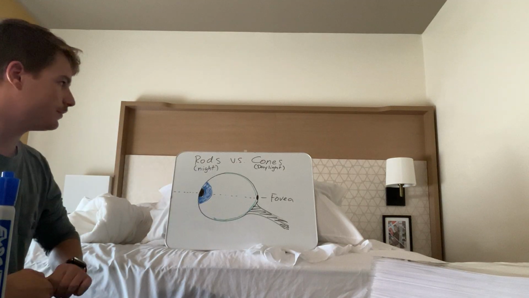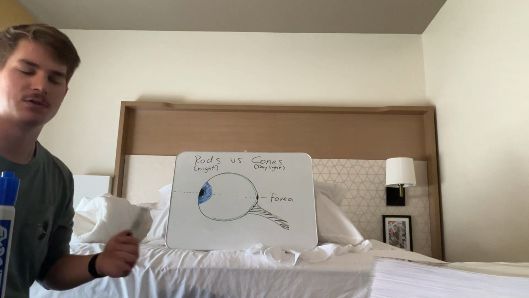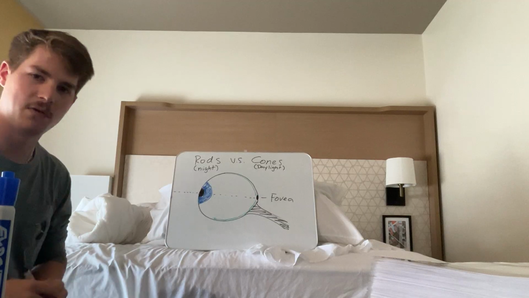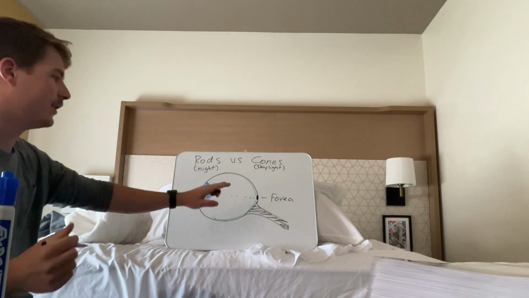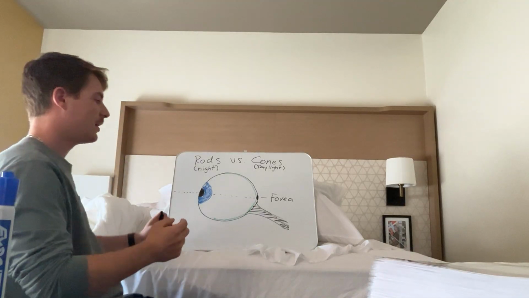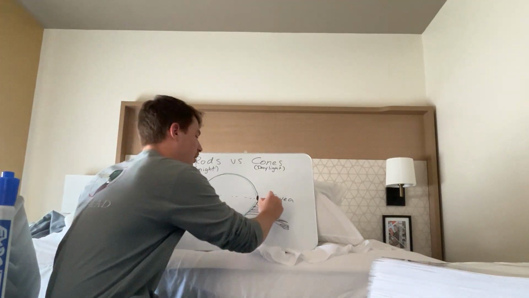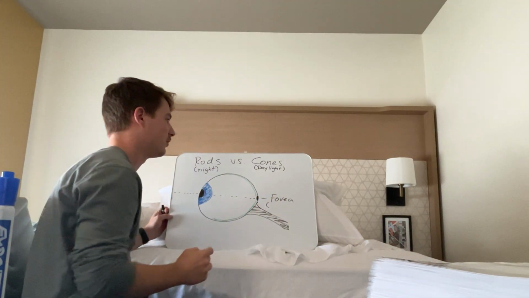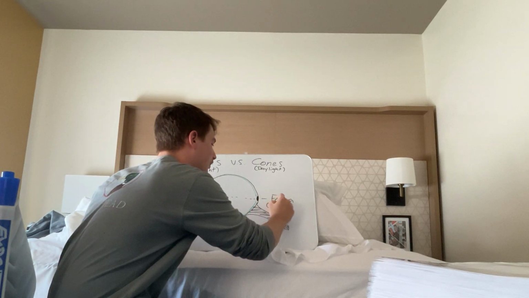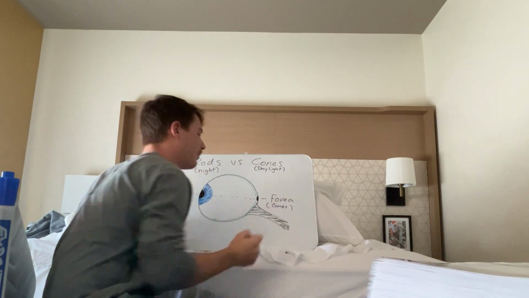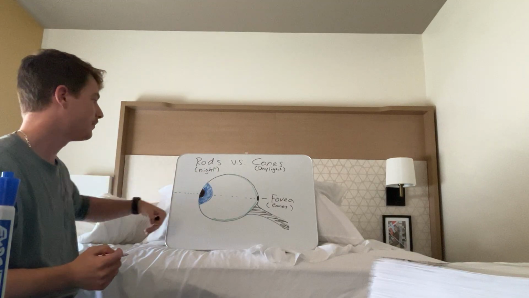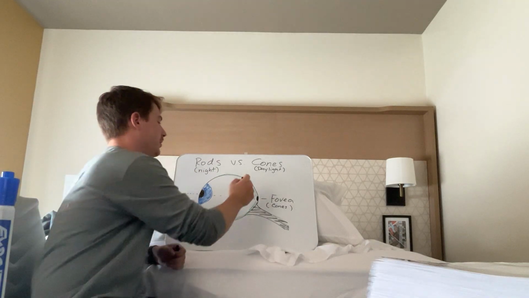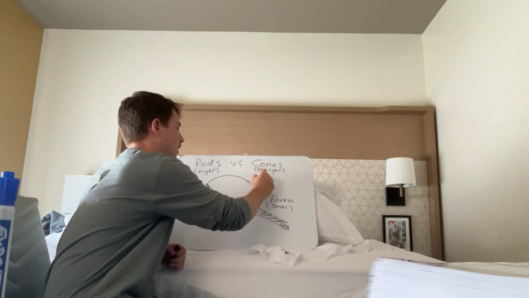So where are these cells distributed along the retina? Well, in the fovea, the majority of the cells are going to be cones. And then along the rest of the retina, the majority of the cells are going to be rods.